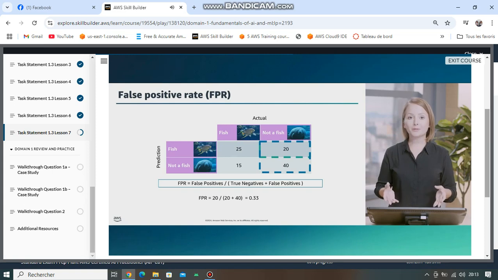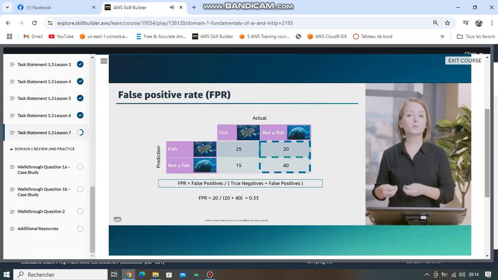In our example, this metric shows us how the model is handling the images that are not fish. It is a measure of how many of the predictions were of fish out of the images that were not fish.